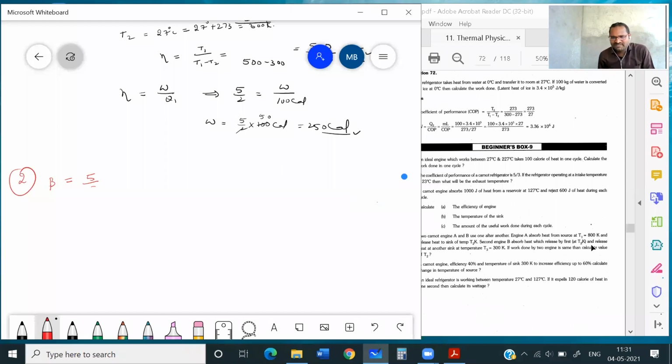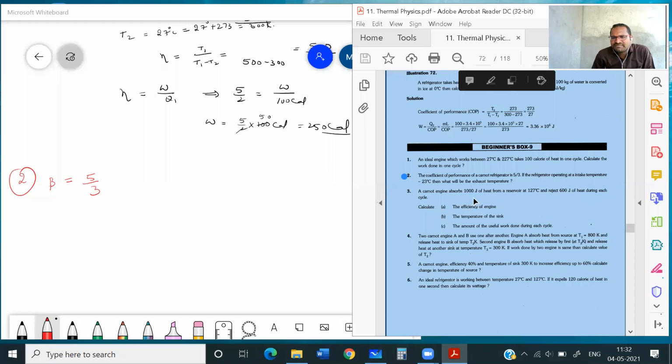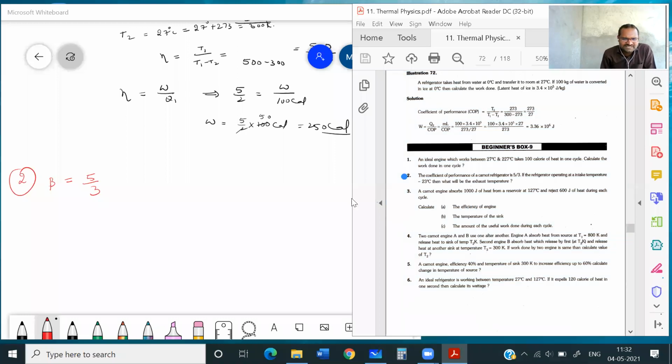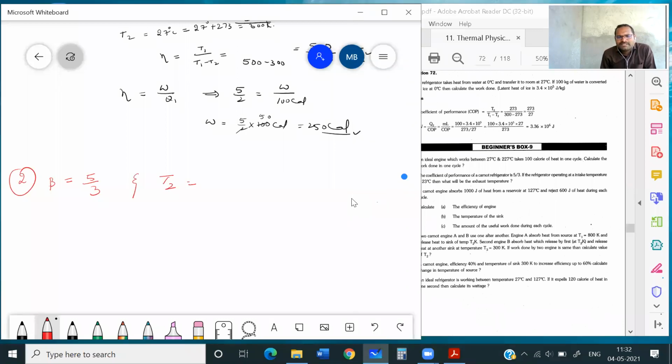Next, what they have given? The refrigerator operating temperature is minus 23 degrees centigrade, meaning T2 value is minus 23 degrees centigrade. They are asking how much temperature the refrigerator will reject to the source.